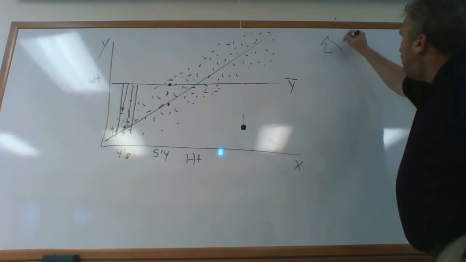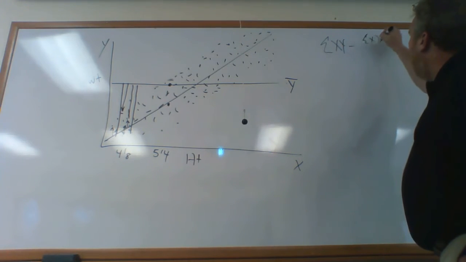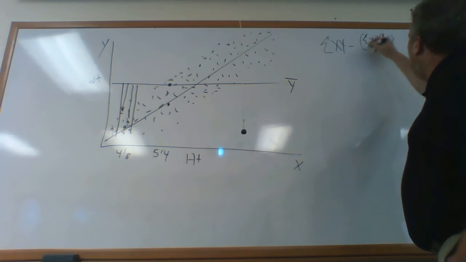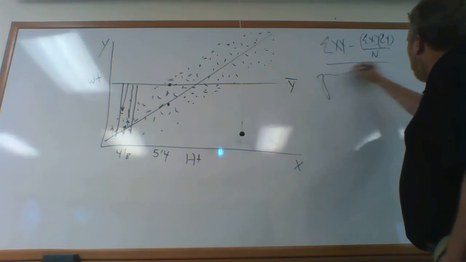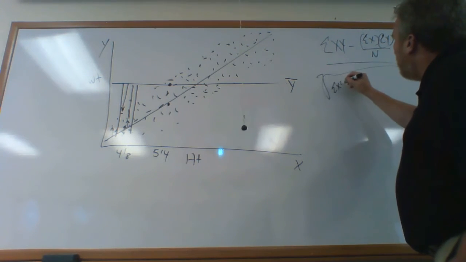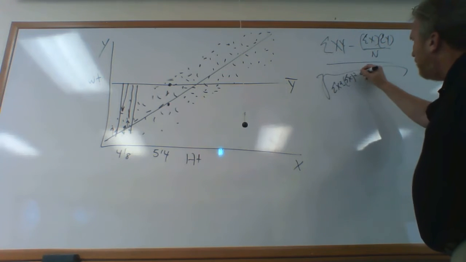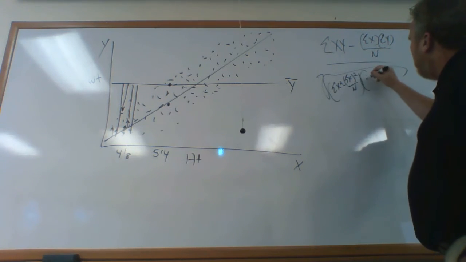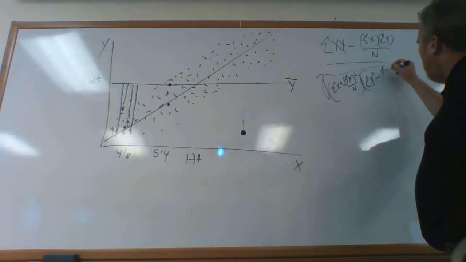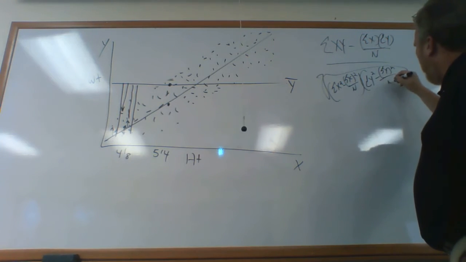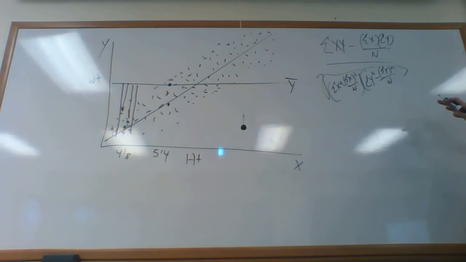We could either do sigma xy times sigma x, sigma y over n, all over square root of sigma x squared minus sigma x quantity squared over n times sigma y squared minus sigma y quantity squared over n. But your calculator doesn't give you sum of squares directly. You have to variance square it times n to get your answer.